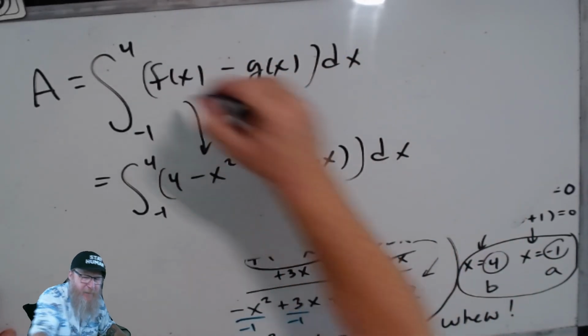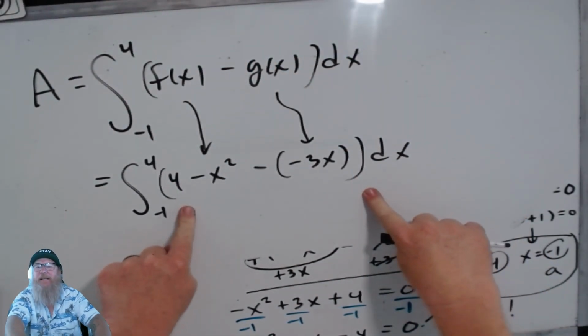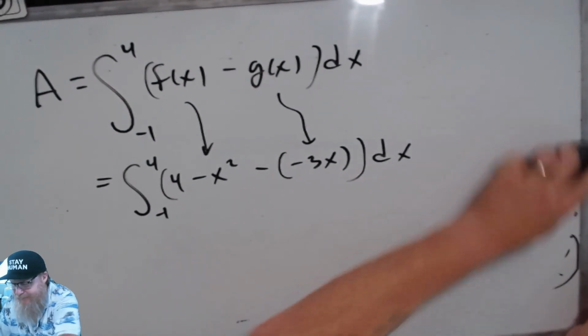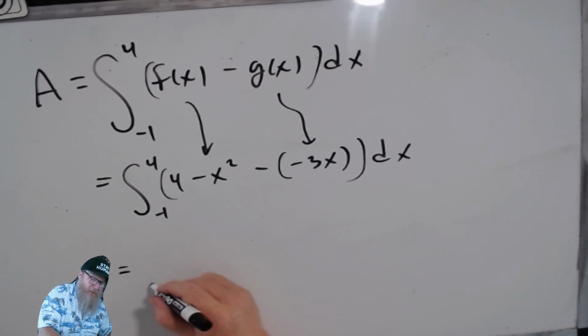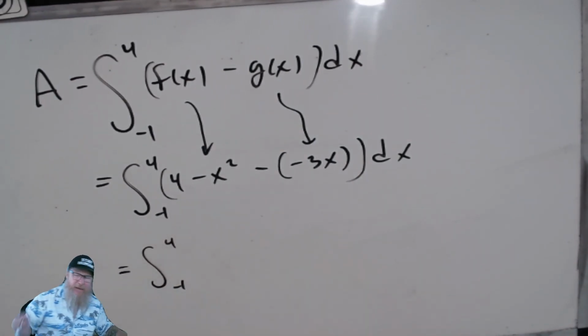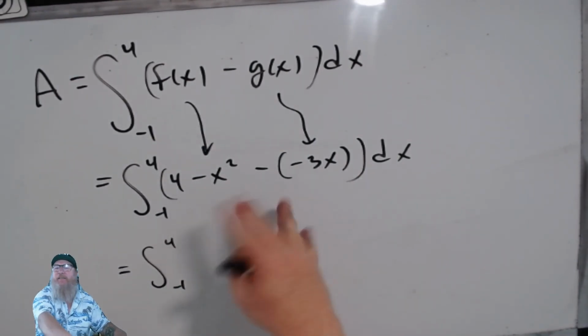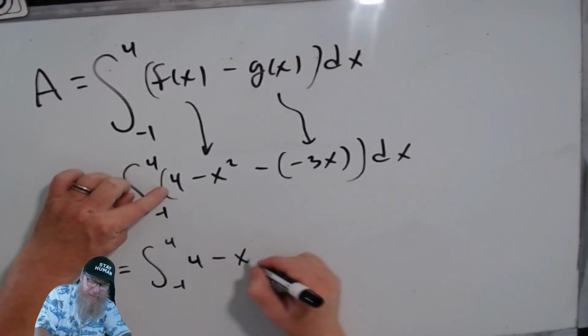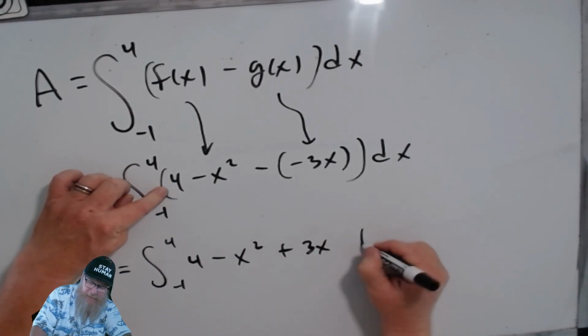I should be using abundant parentheses, and then I can remove them when the time is right. If you don't use enough parentheses, you might regret it later. When you get this, these signs will be all messed up. So I've got 4 minus x squared plus 3x dx.